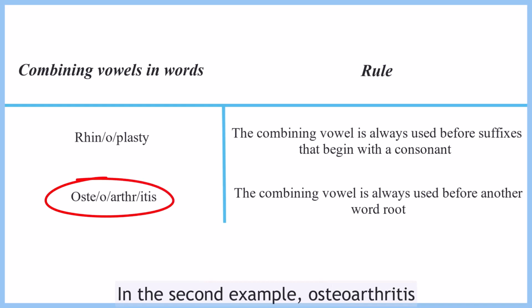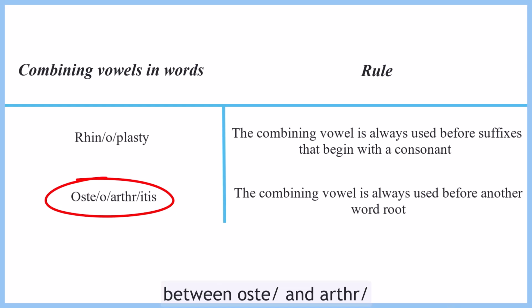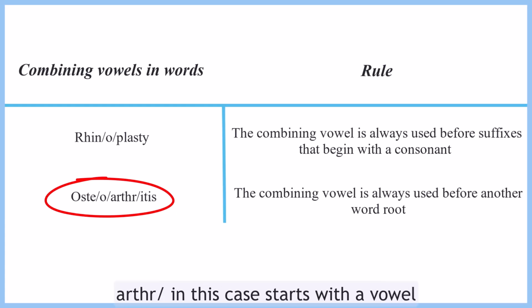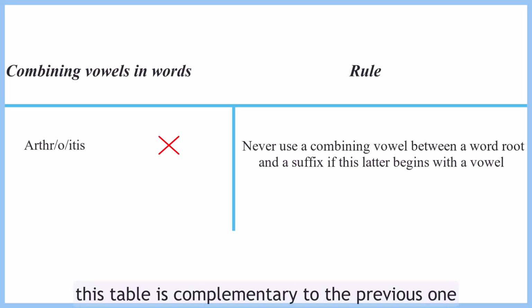In the second example, osteoarthritis, as you can see, the combining vowel is added between oste and arthr. As a result, and as a rule, the combining vowel is always used before another word root, even if the second word root, arthr in this case, starts with a vowel. For the sake of more clarification on this part, this table is complementary to the previous one.